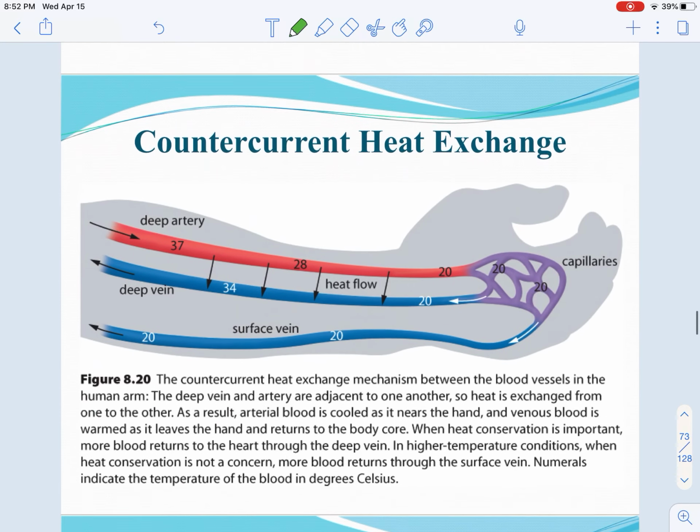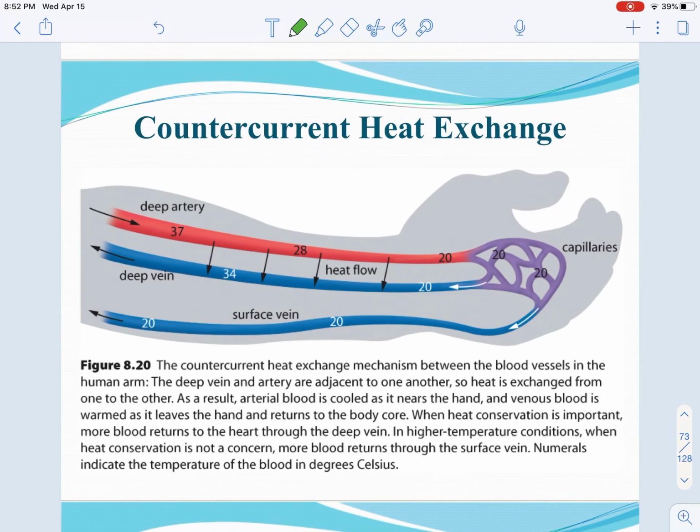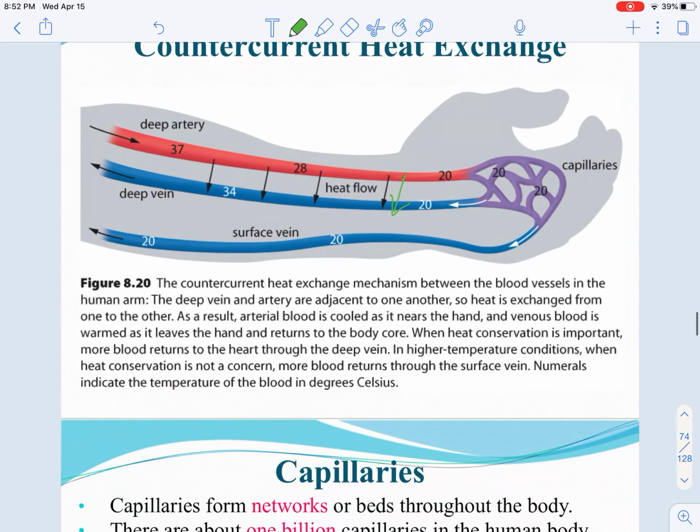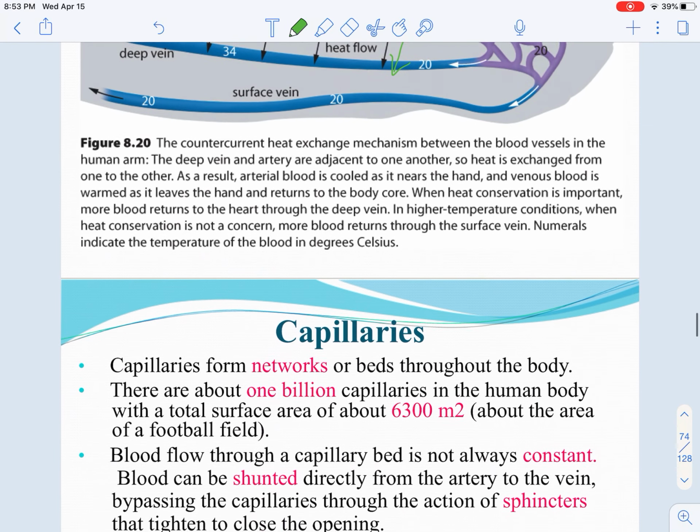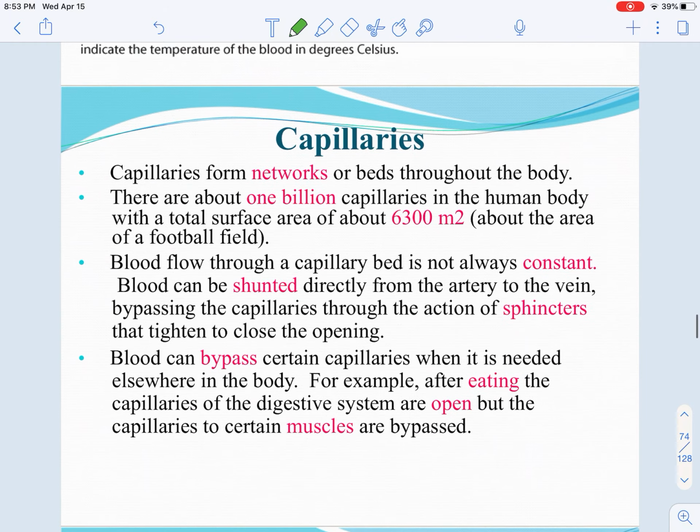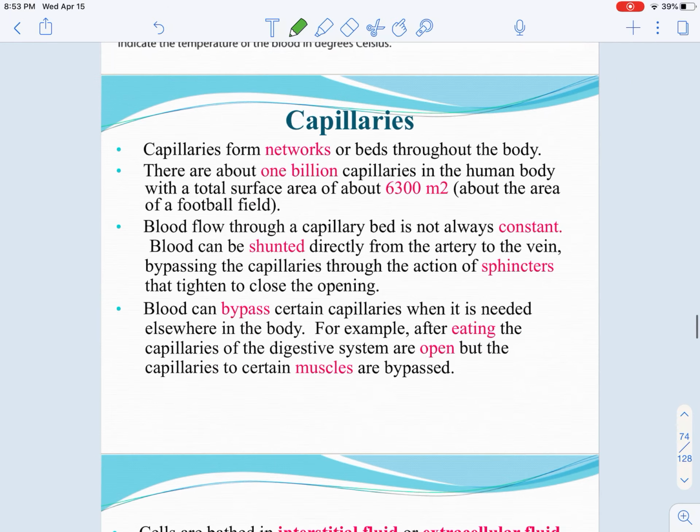This countercurrent exchange is just looking at how blood that's warmer is like sending its heat to blood vessels that are cooler, and so together that's keeping your body temperature more balanced.